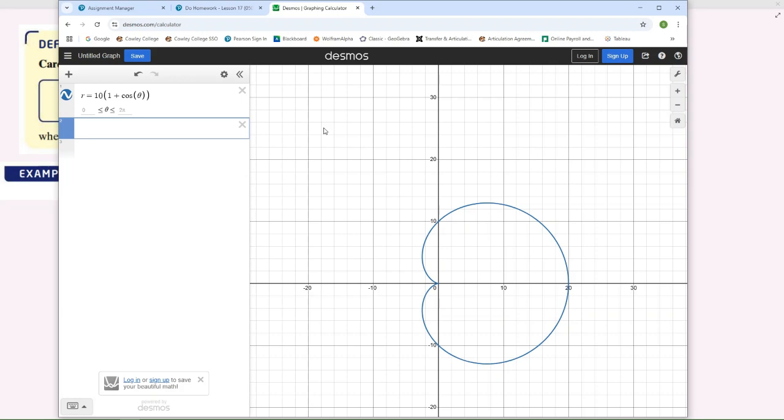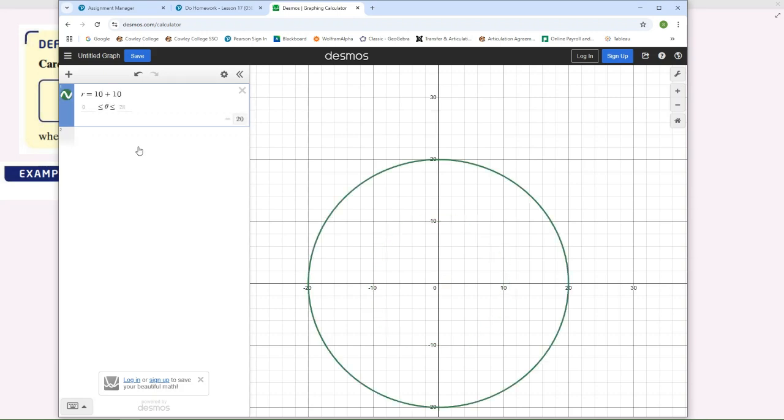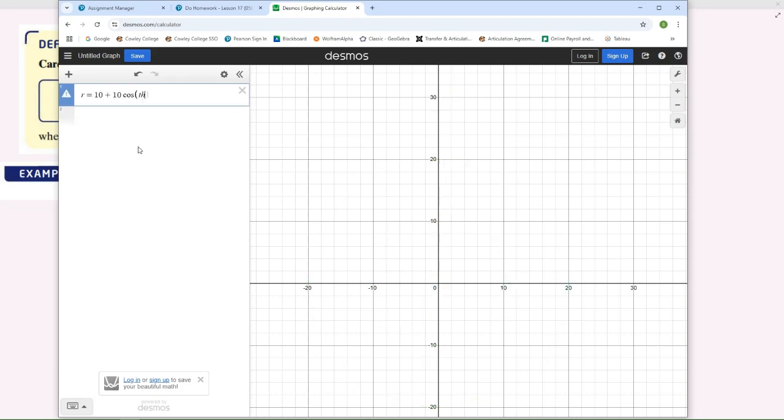Okay, I'm going to go ahead and just leave it unfactored. So we'll set this up fresh here as r equals 10 plus 10 cosine theta.